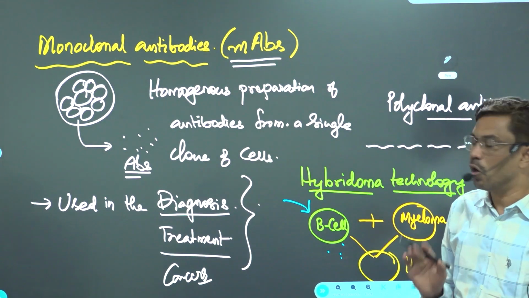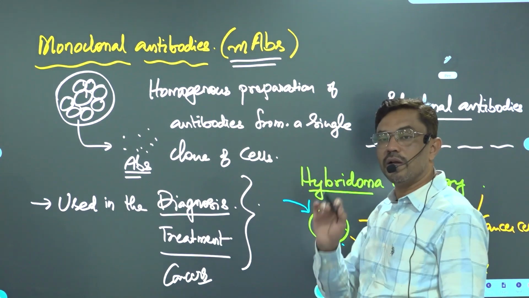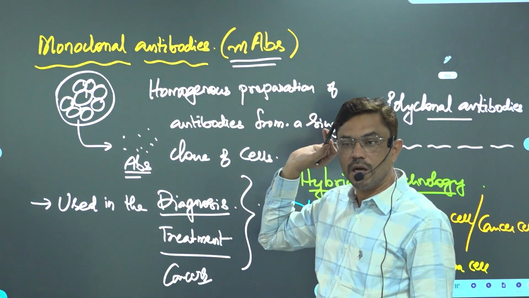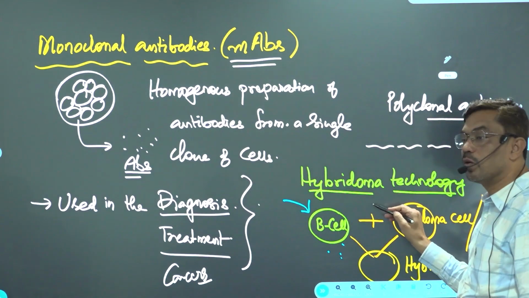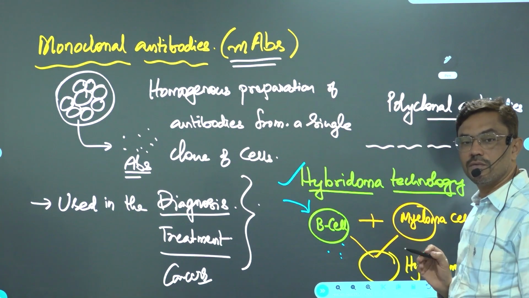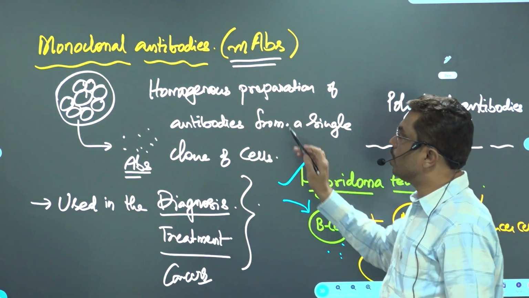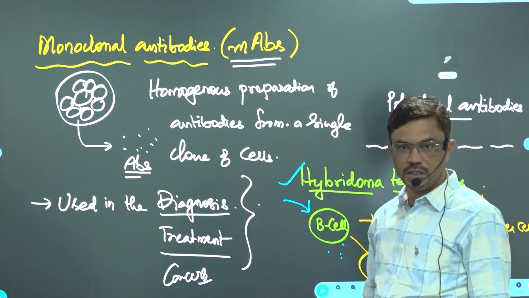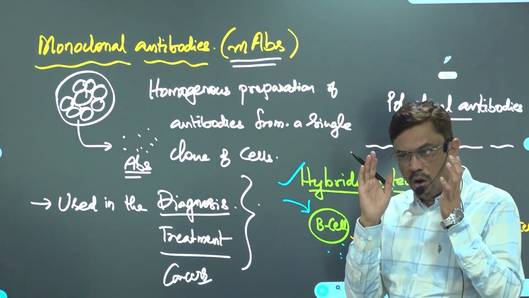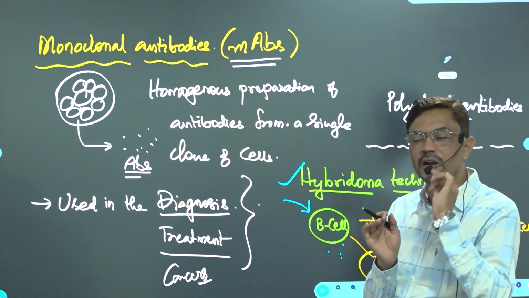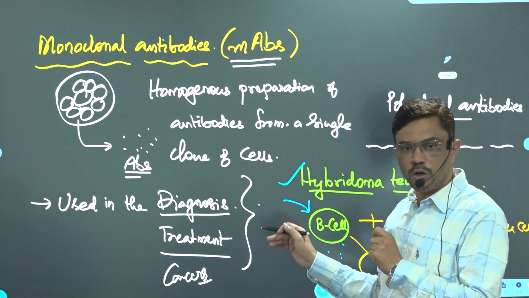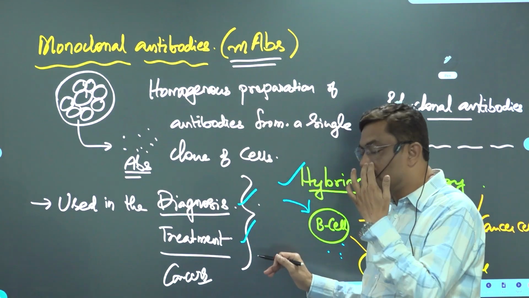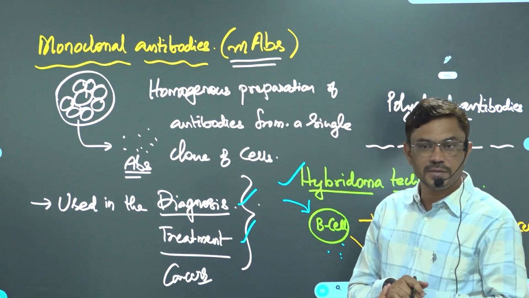Following? Okay, right. So simply remember, from the exam point of view, you need what monoclonal antibodies are and what method is involved in their production. This you have to remember, that's enough. Monoclonal antibodies means homogeneous preparation of antibody molecules from a single clone of cells, a group of cells. From all the group of cells, the same type of antibodies are released. These are called monoclonal antibodies. And they are used in the diagnosis and treatment of various diseases, including some cancers.